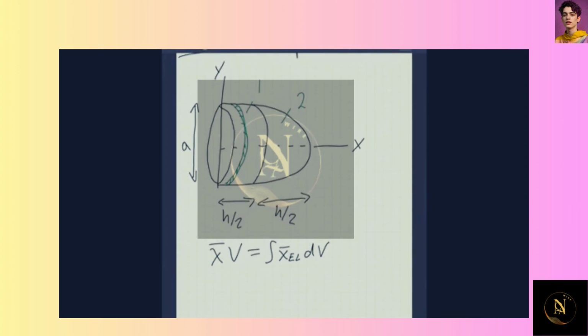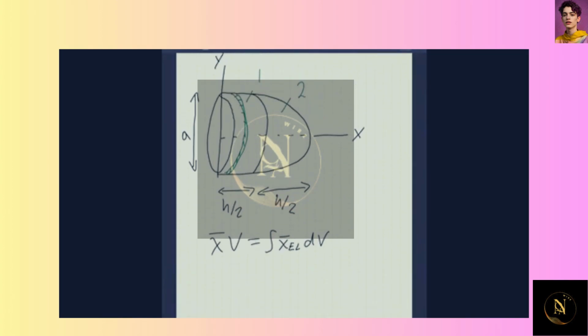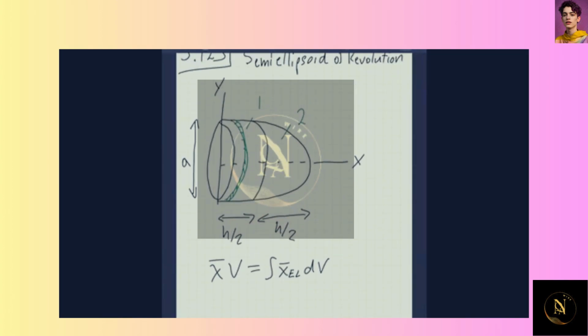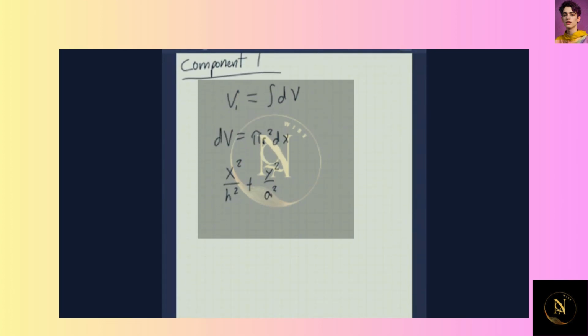And looking at our diagram here, this would be a. Or excuse me, the a would actually be the radius.